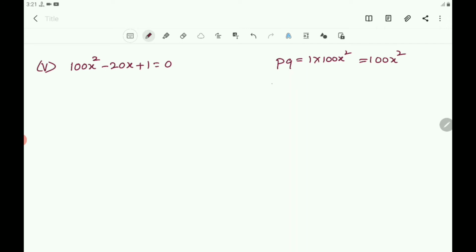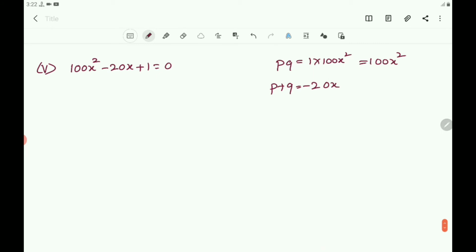Then the sum of the terms P plus Q is the middle term, minus 20x. Here the product is 100x square, which is positive. Therefore both the factors must have the same sign, that is the sign of the middle term, that is negative. Means both the factors must have negative sign.